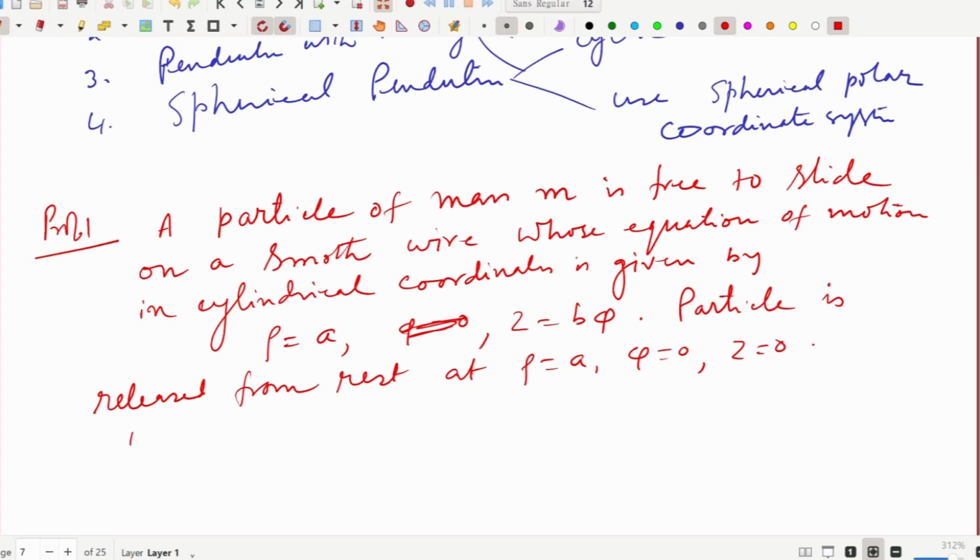The question is to discuss its motion. So this is the problem, and we will solve it. By solving this problem, it will give you certain ideas, particularly how to use cylindrical coordinates and how to use initial conditions to find solutions. I may not solve the full problem, but I'll give you the idea and direction of how to solve it.